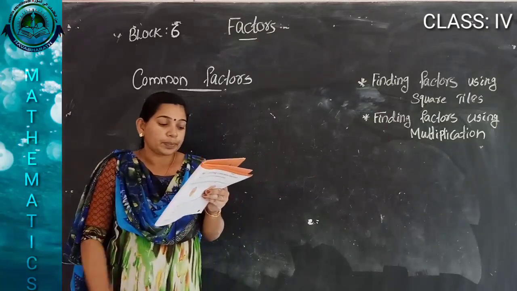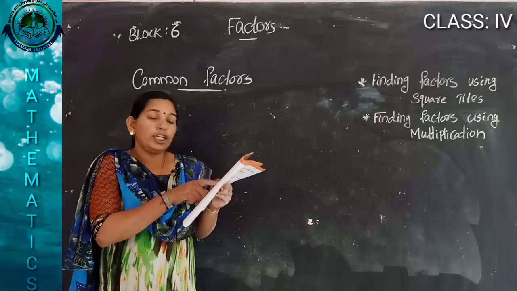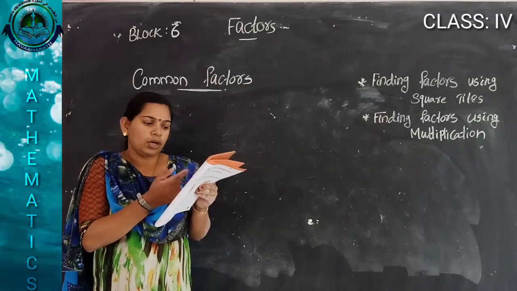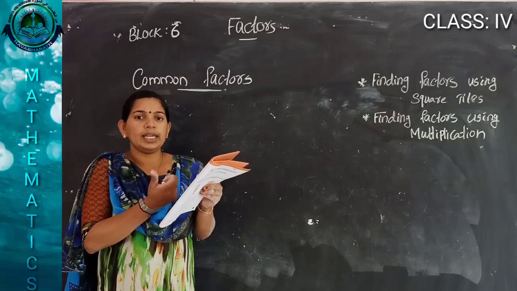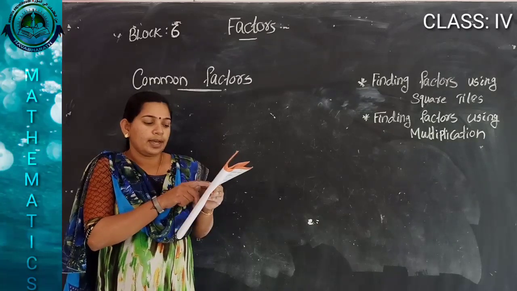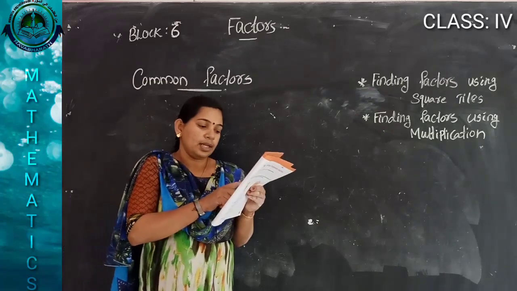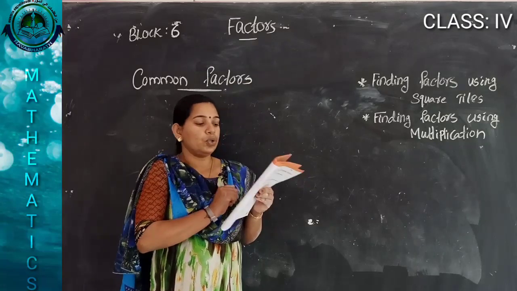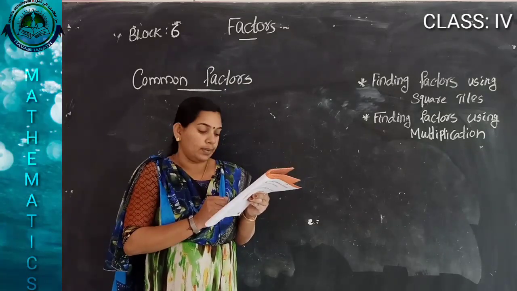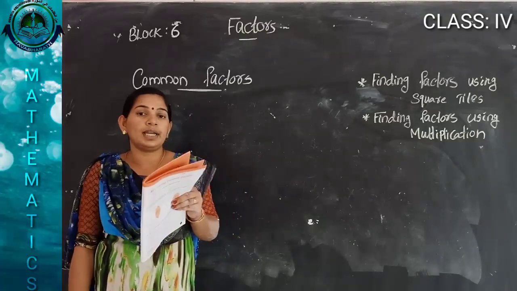Then you write 10 into 3, or 15 into 2. Any number you can choose here. Then here 10 into 3. Next 15 into 2. Then 30 into 1. Factors of 30. Which are the numbers we are using?